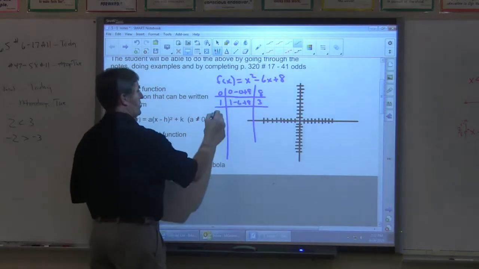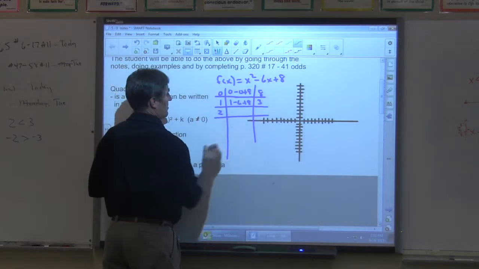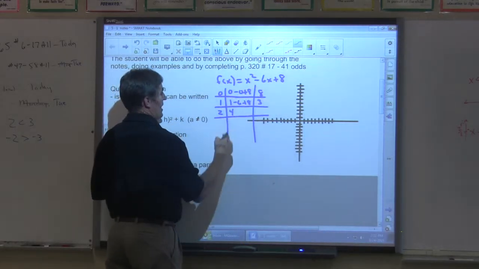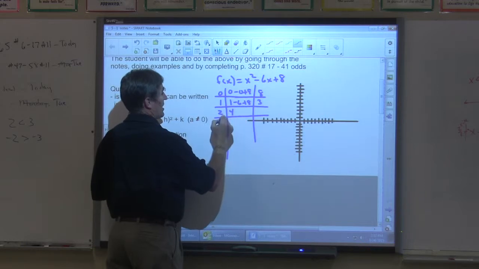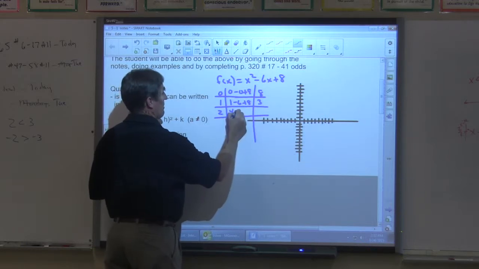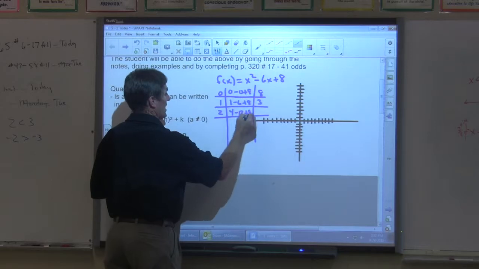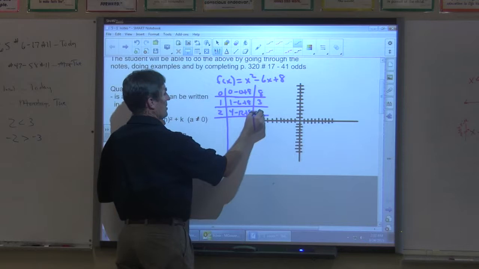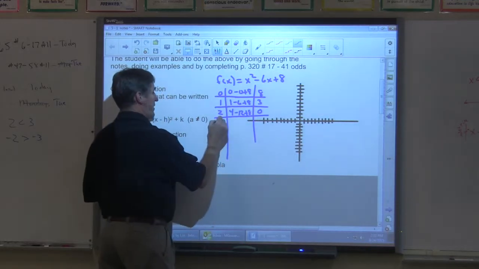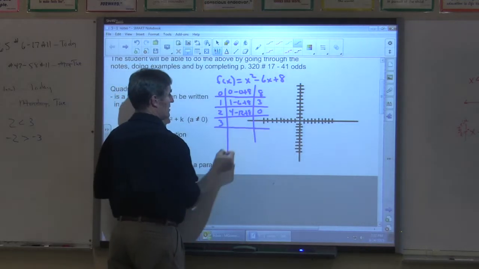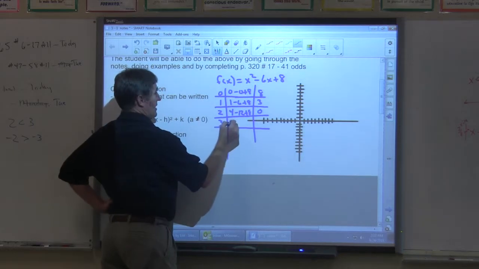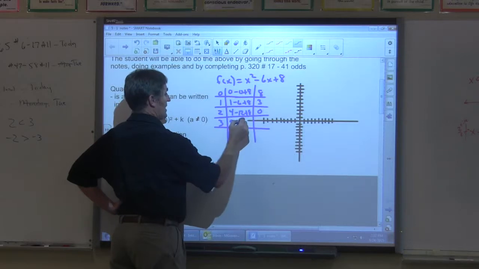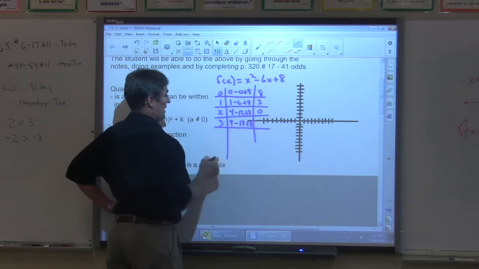And if I plug in 2, I get 2 squared, which is 4. Minus 6 times 2, which would be a minus 12, plus 8. And so we get 4 minus 12 is a negative 8, plus 8 is 0. If we plug in 3, we get 9 minus 6 times 3, which is 18, plus 8.